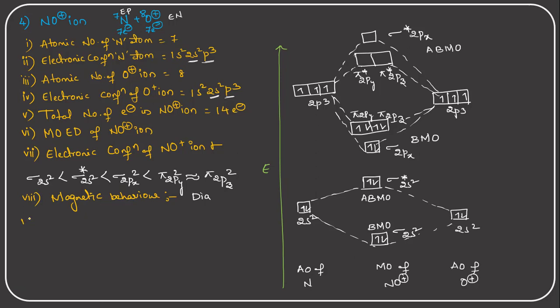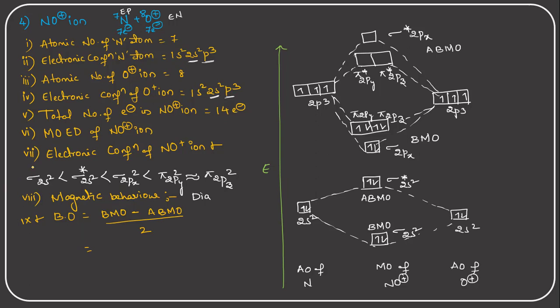And the ninth point will be the calculation of bond order. What will be the formula for the calculation of bond order? The bond order is equal to the number of electrons present in the bonding molecular orbitals minus the number of electrons present in the anti-bonding molecular orbitals, divided by 2.